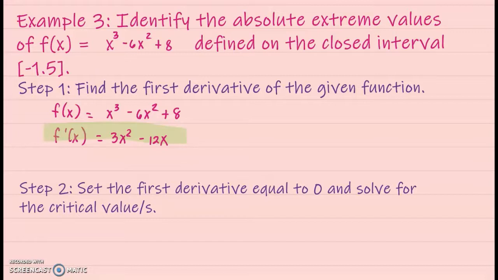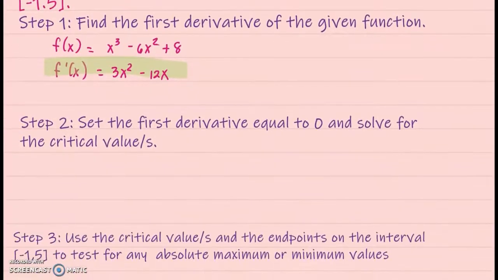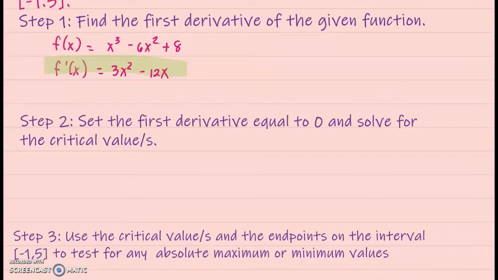Step 2. Set the first derivative equal to 0 and solve for the critical values. So we have here 3x squared minus 12x equals 0.